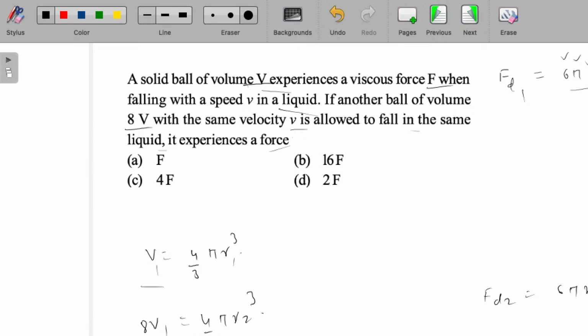So R1 by R2 is 1 by 2, which means R2 is equal to twice R1. Therefore the drag force on the second ball is supposed to be 6 pi eta into R2, which is 2 R1, into V. So you can notice this is going to be twice that of the force on the first ball, right? So if it falls with the same V, then it experiences a force equal to 2F, right?